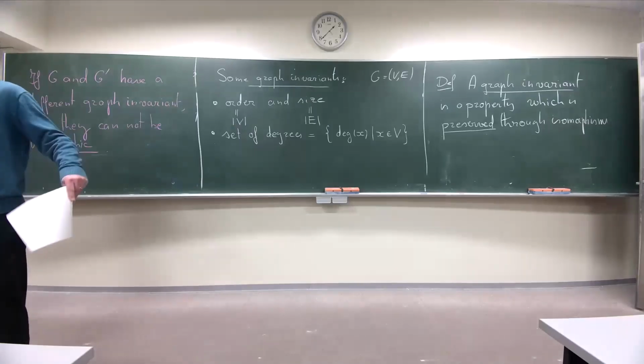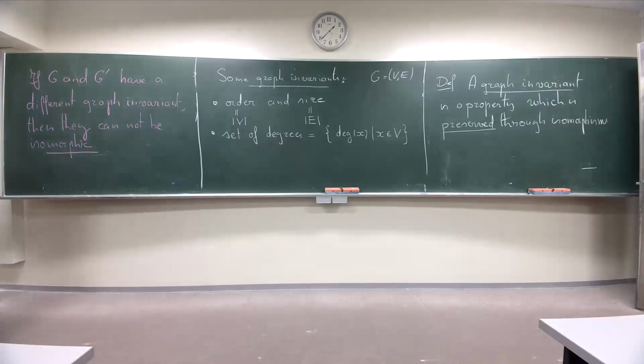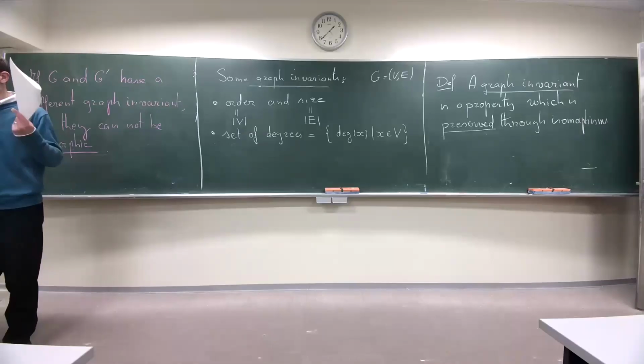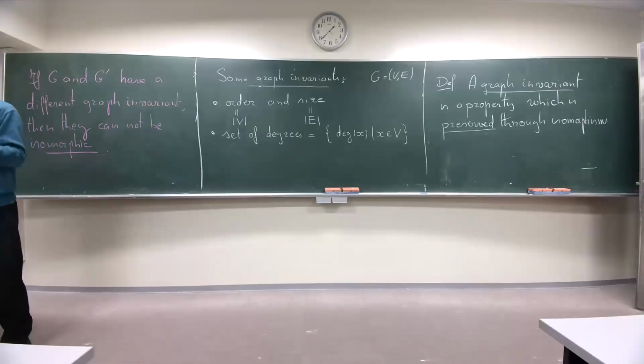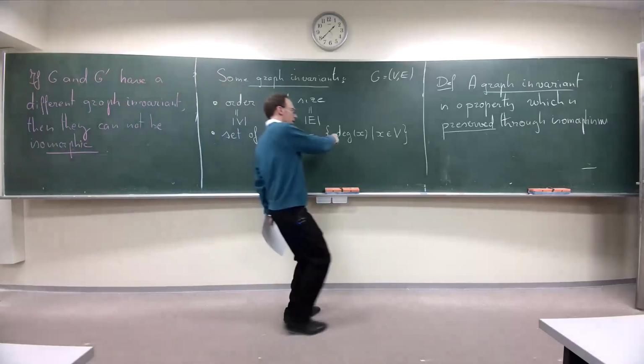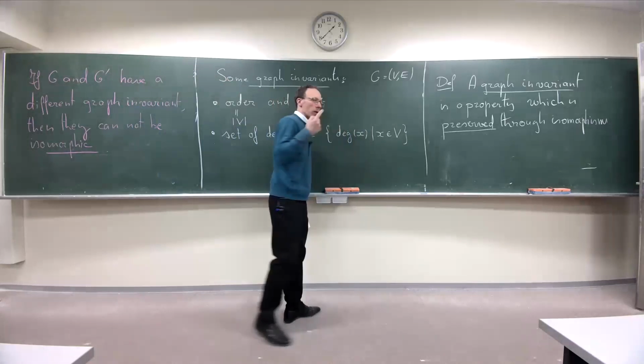Do this list. Do the same list for the second graph. If the numbers of vertices with 0 edges, 1 edge, 2 edges, and so on are not the same, then they cannot be isomorphic. So you look at the set of all degrees with multiplicity.